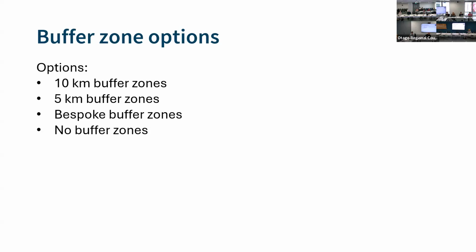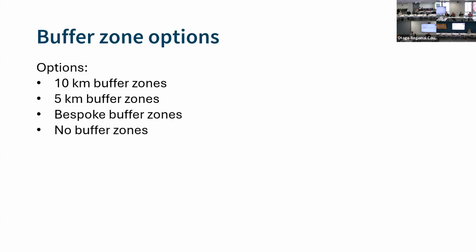Obviously if we have bespoke buffer zones then that changes that. So just to be clear, we were only proposing these for those 6 priority areas. Okay. Yeah, and then within that it can be as bespoke or not, as you choose.